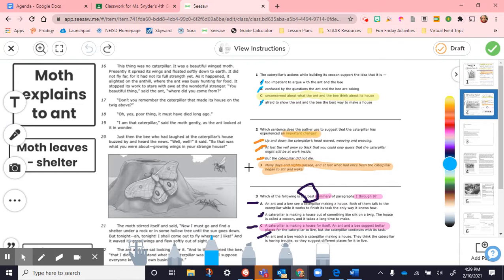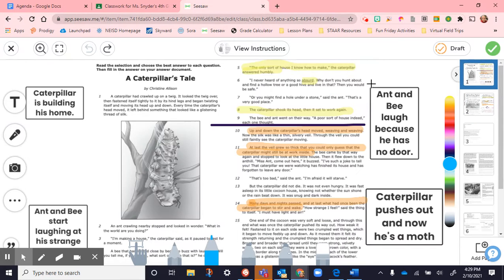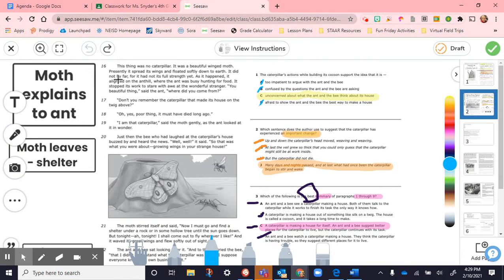We said this was the big change. He changed from a caterpillar to a moth. We talked about where that happens in the story and decided that was the answer.